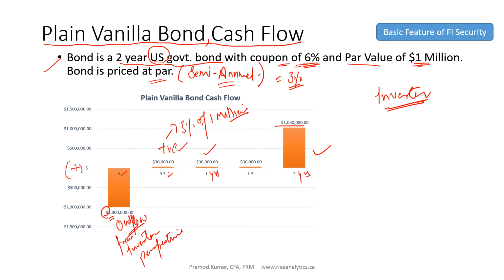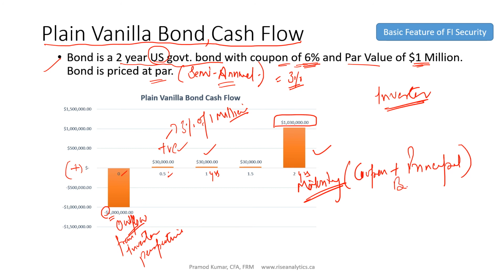At 2 years there is a large chunk, because this is maturity. At maturity, the investor receives the coupon payment plus the par value or principal amount back.